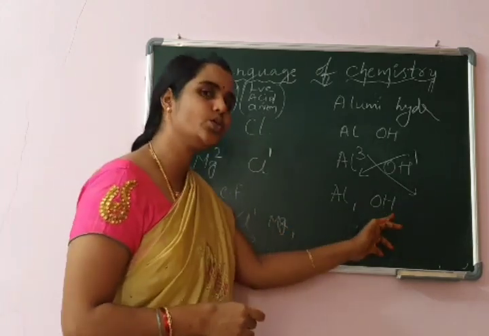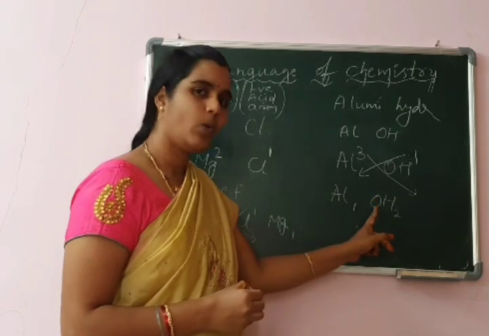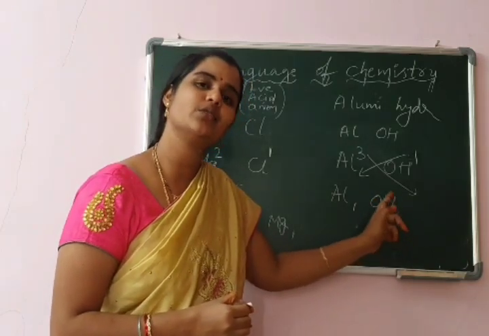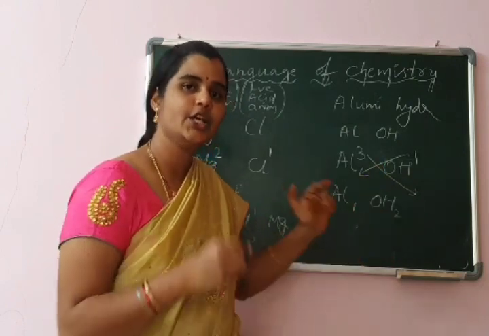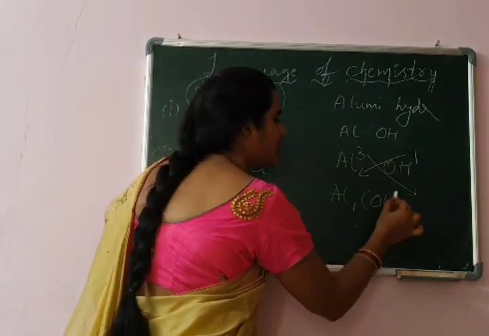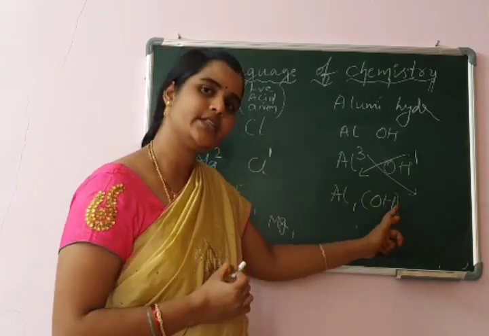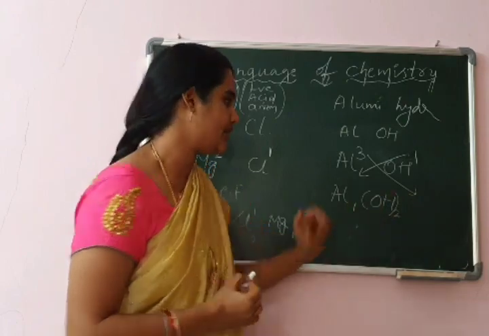But if you write 2 here, it means 1 atom of oxygen and 2 atoms of hydrogen, which is wrong. So in the case of compound radicals, you have to use a small bracket. OH taken twice, or simply OH twice.